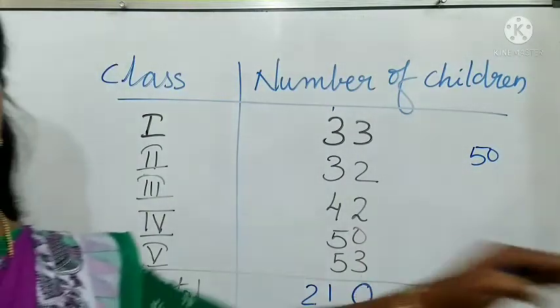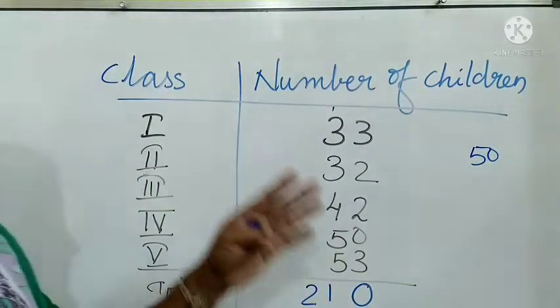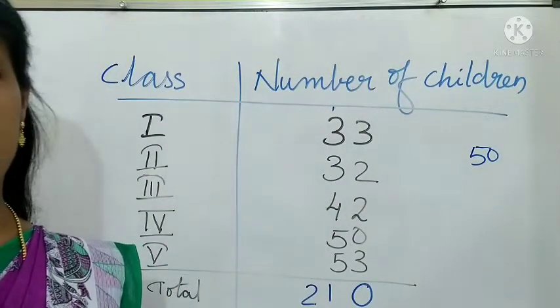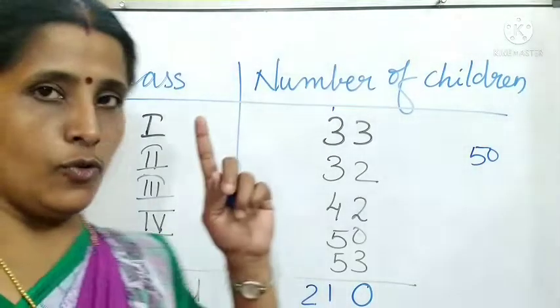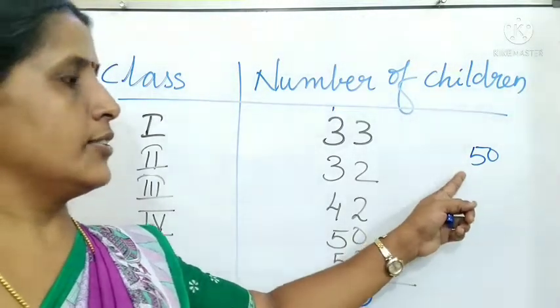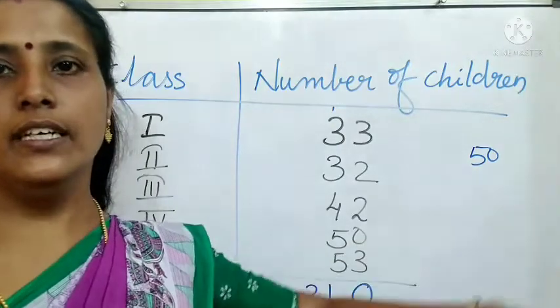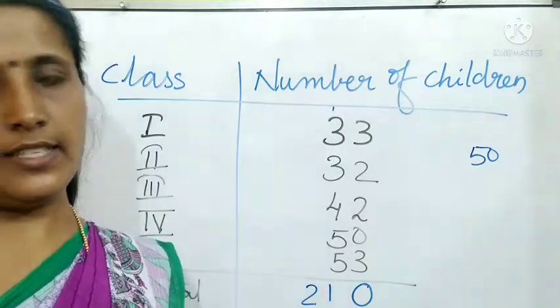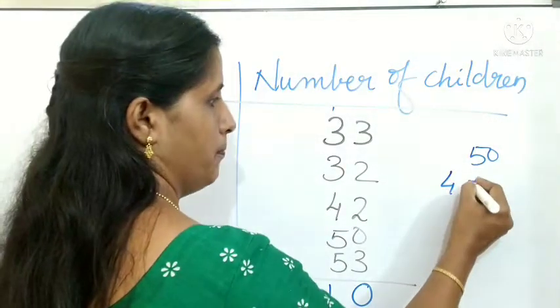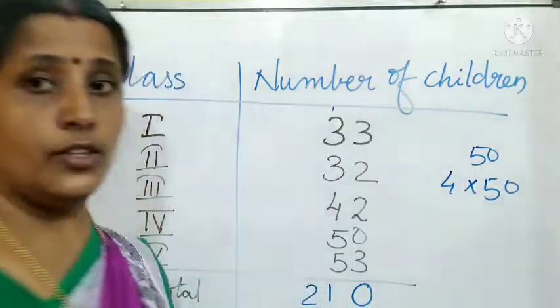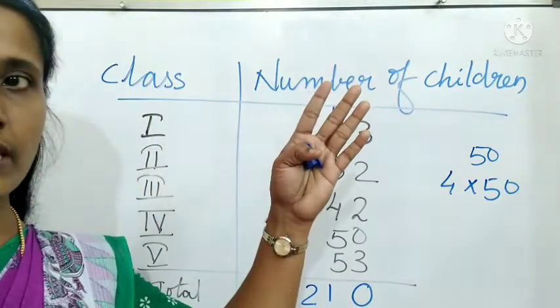So, how many students can enter these 4 buses? Yes, for 1 bus, the total number of seats is given. We need to find out the seats of the 4 buses. So, 4 into 50.